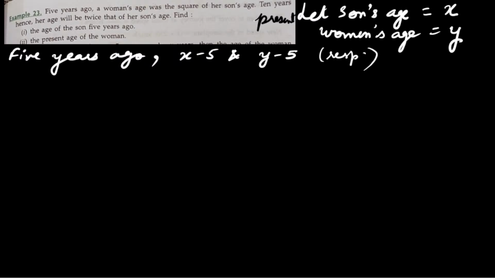So we'll just write the equation. 5 years ago, the woman's age was the square of her son's age. First of all, what is the woman's age? y.